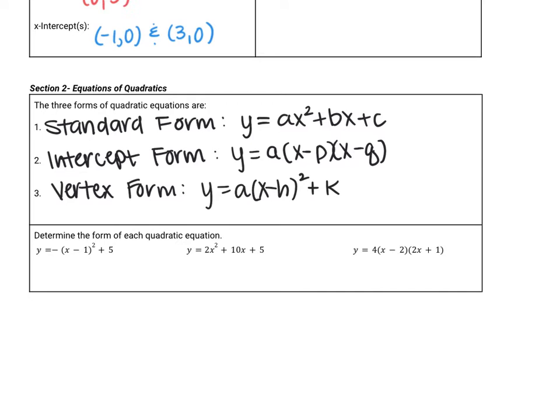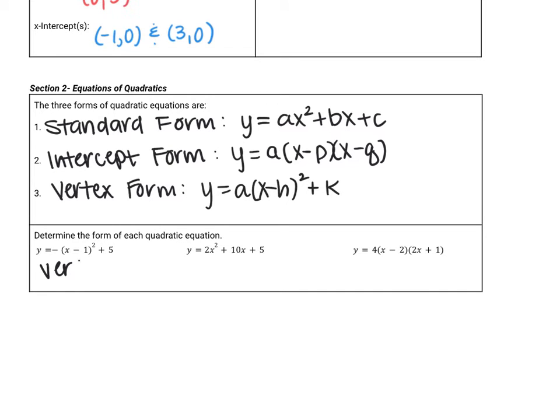Each form tells us something different about a quadratic. They all have that a value in front, which tells us which direction the quadratic is going to open, but then they tell us different information after that. Our first thing we're going to do is determine the form of each quadratic equation. We have y equals negative x minus 1 squared plus 5.